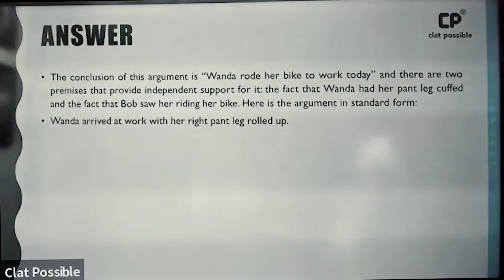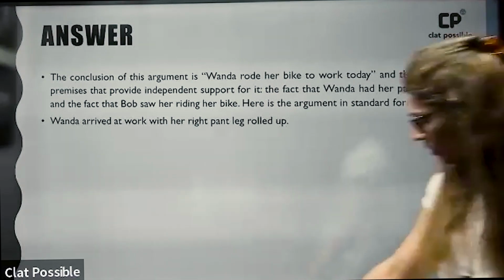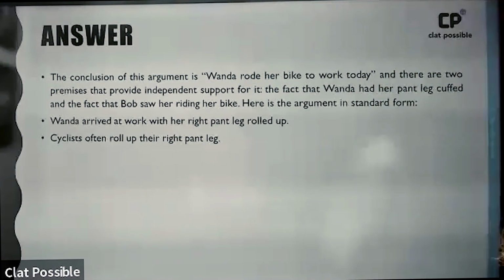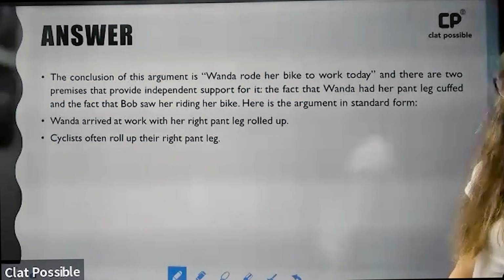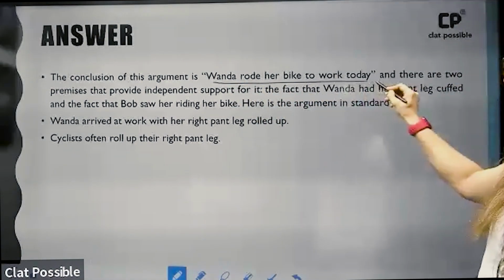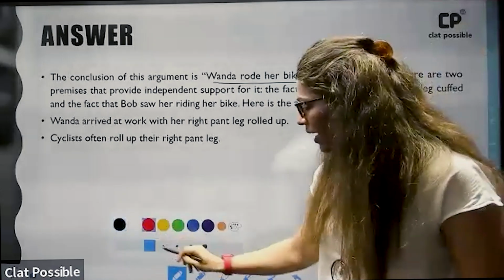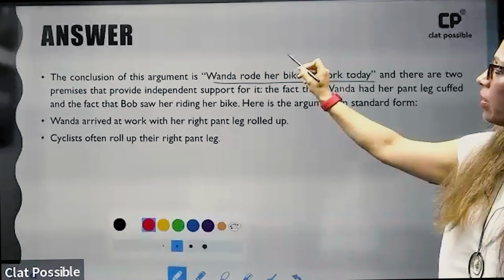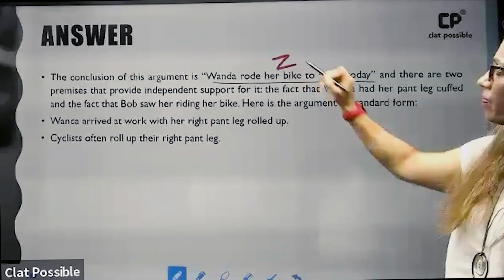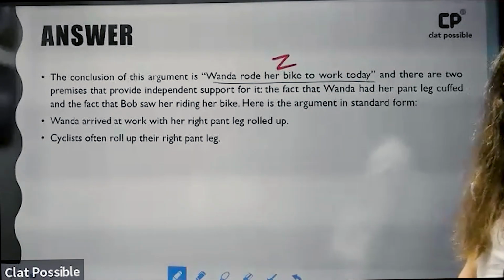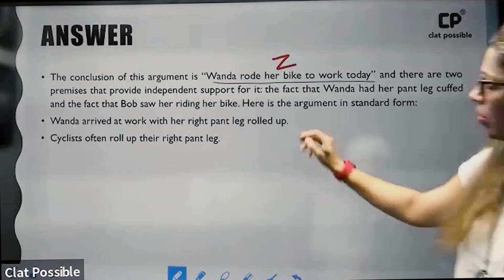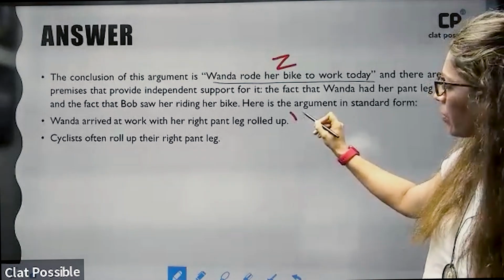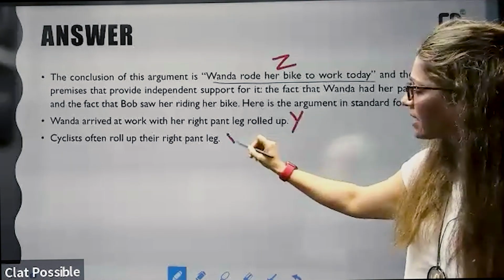And this conclusion is supported by this, which has led us to this. So do you think these two are related? So if we take this to be, let me do it with red, if we take this to be, let's say Z, can this be Y and this be X?